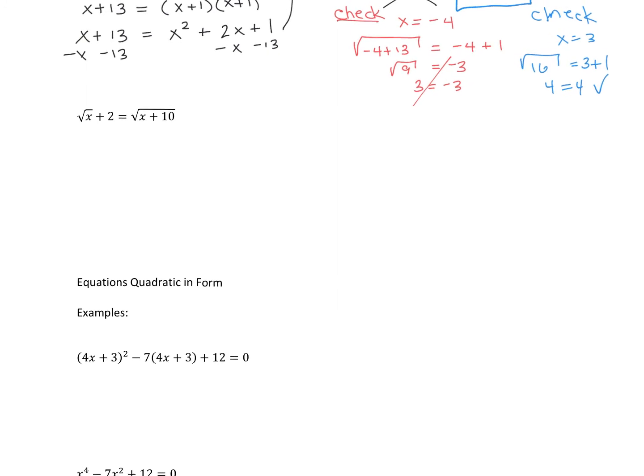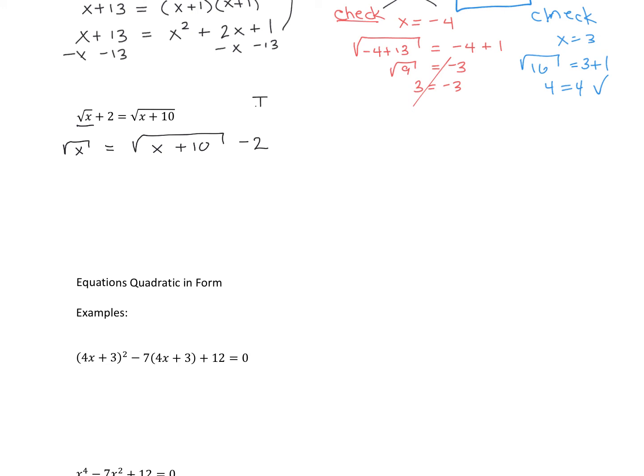So with the two radicals, I still have to isolate one of the radicals. So in this case, I'm going to go ahead and isolate this first one and subtract 2. So I have the square root of x equals the square root of x plus 10 subtract 2.